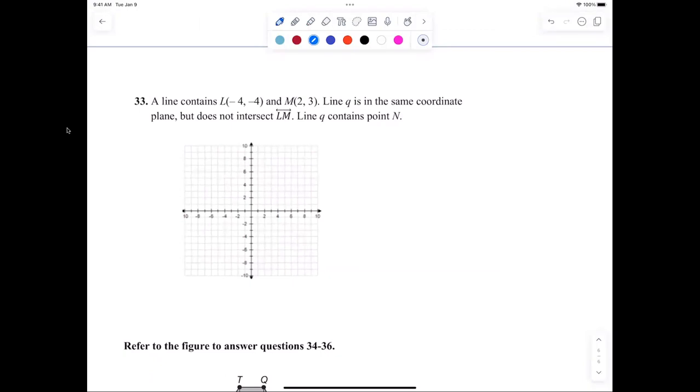So let's practice. A line contains -4, 4. So everybody plot the point -4, -4. And then 2, 3.